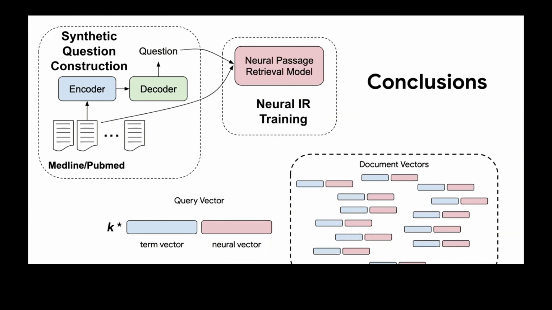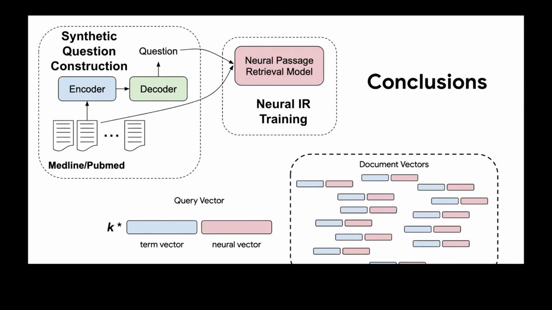So just to summarize, I talked about two things here. The first is synthetic data construction or data augmentation for building first-stage retrievers for biomedical literature, and I showed that a question generation approach is effective, and actually on average is better than other methods in the space.